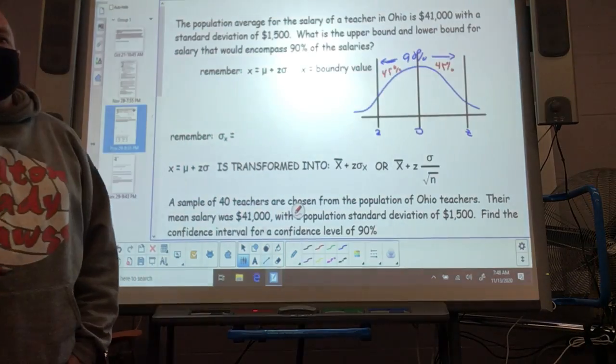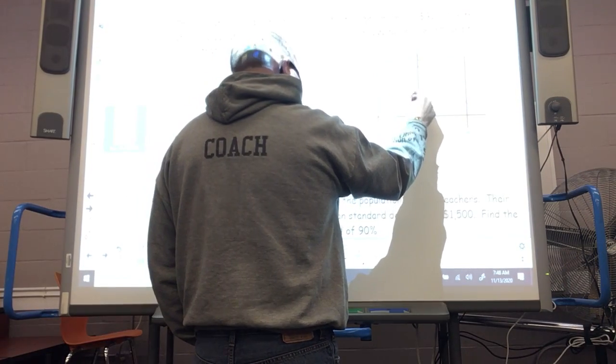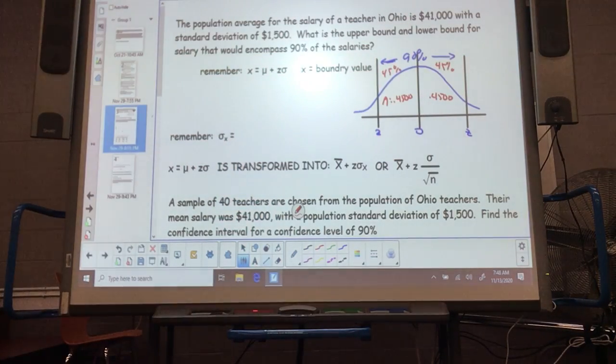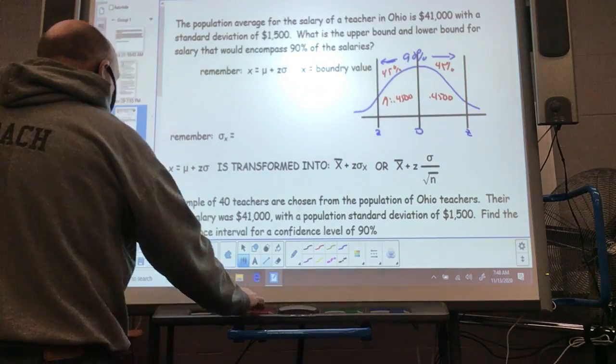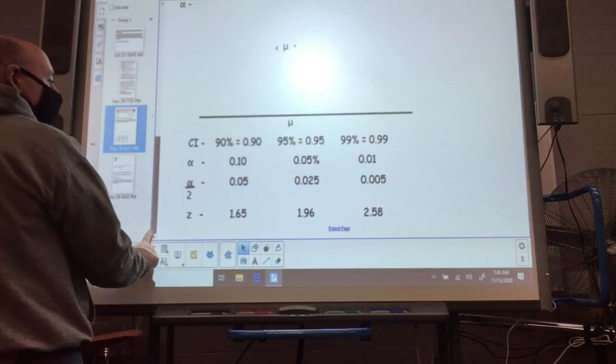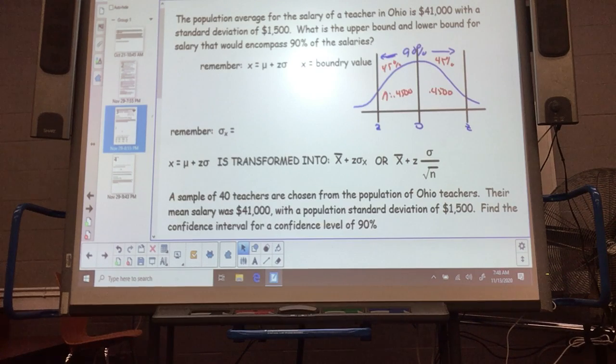And we translated this into an area, 0.4500. We went to our z-table, and in the middle body of our z-table, we looked up 0.4500.